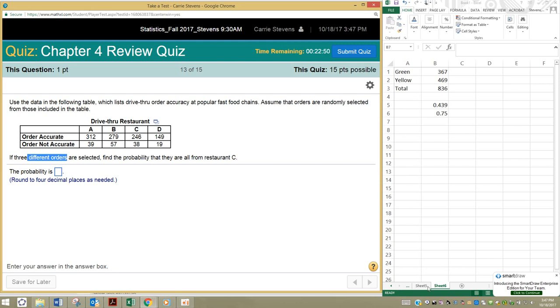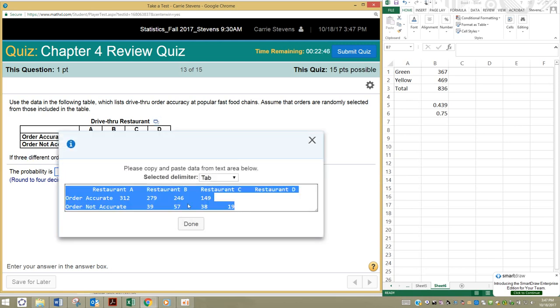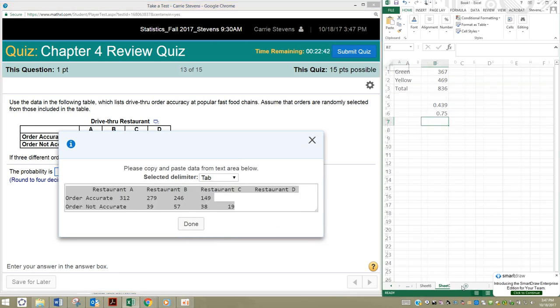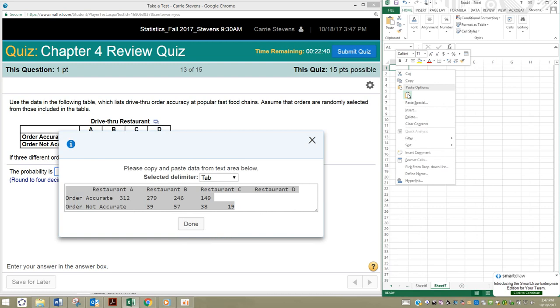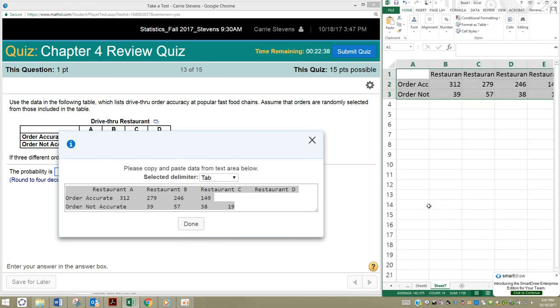So we're going to use the multiplication rule. Okay, so again, if you simplify, sometimes that's helpful.